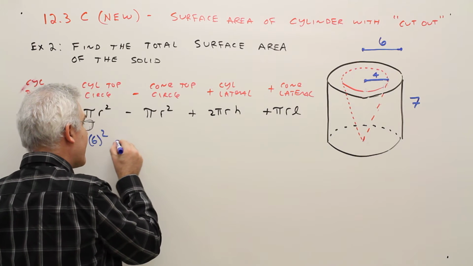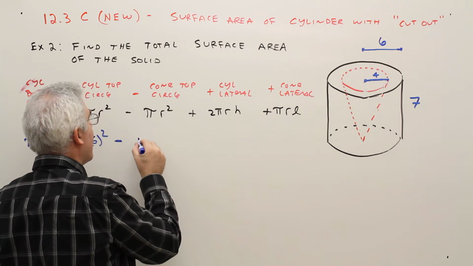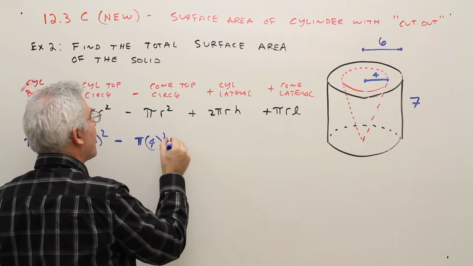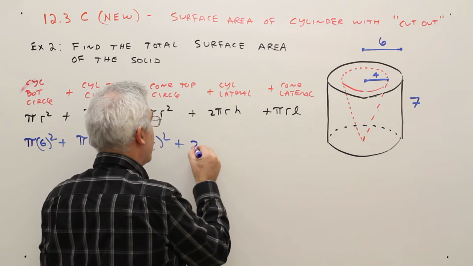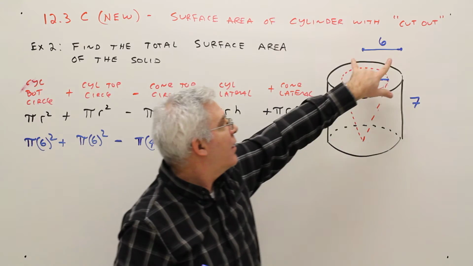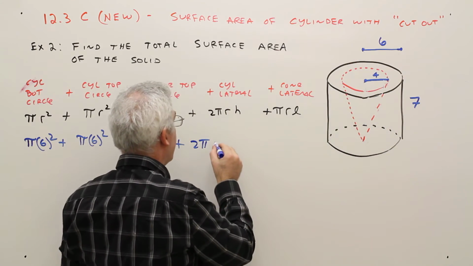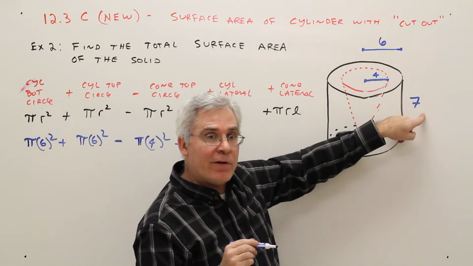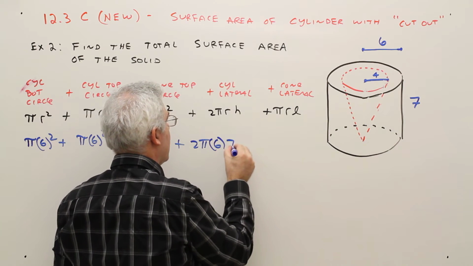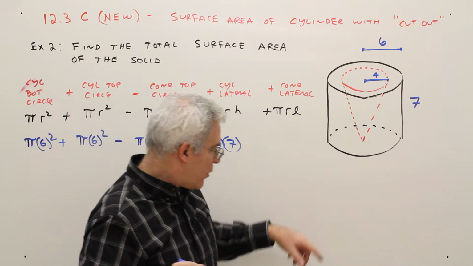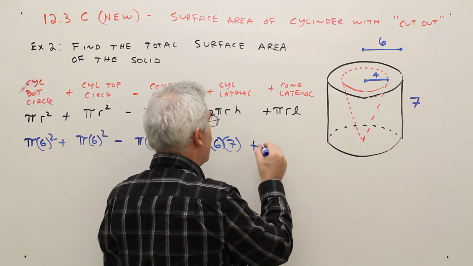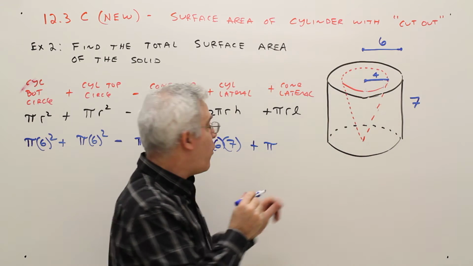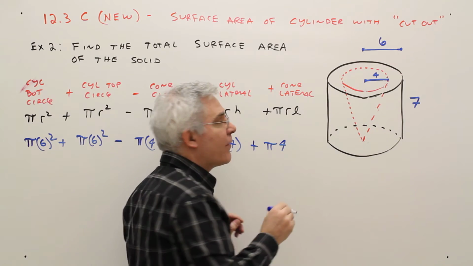So minus, I want to emphasize minus, pi 4 squared, plus the cylinder lateral: 2 pi, 6 is the radius, 7 is the height, plus the cone lateral, pi, the radius is 4, the lateral.